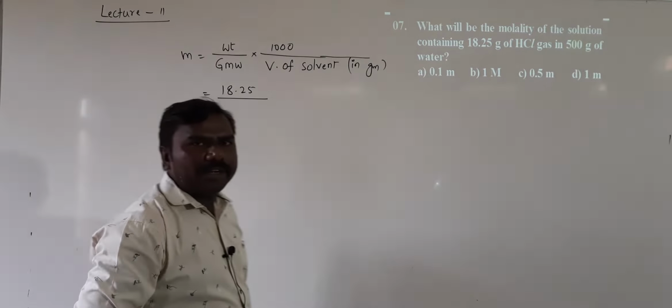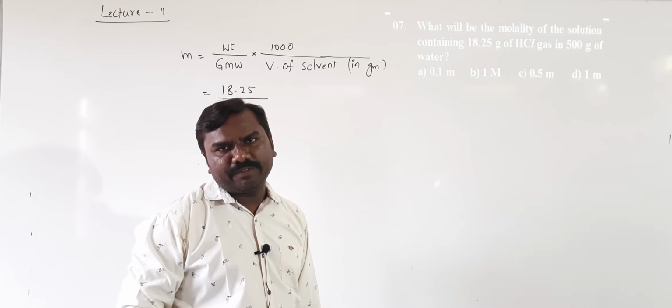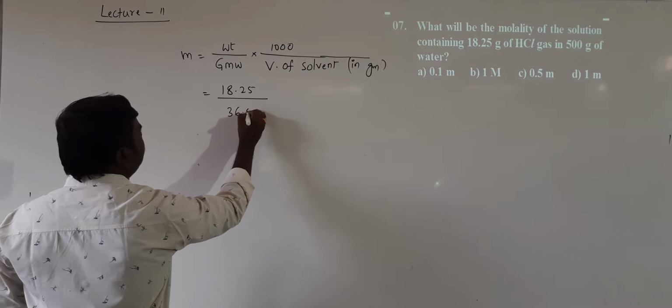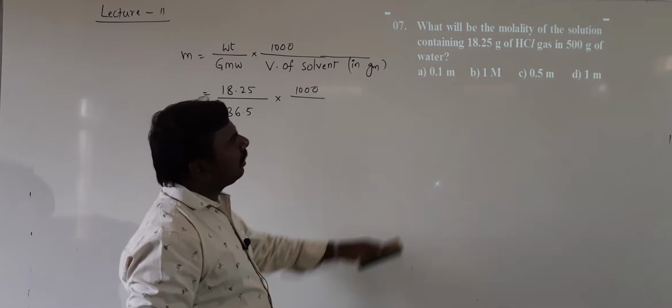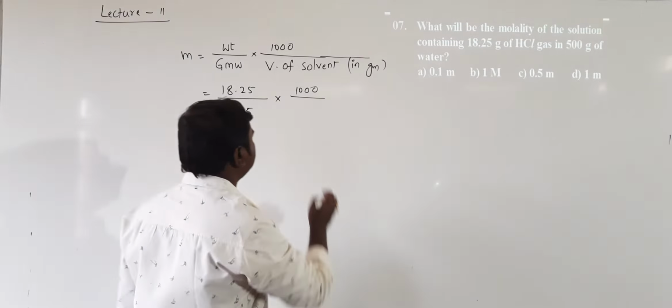Gram molecular weight of HCl is hydrogen 1, chlorine 35.5, totally 36.5. 36.5 into 1000 by the solvent mass, which means the water mass given is 500 grams.